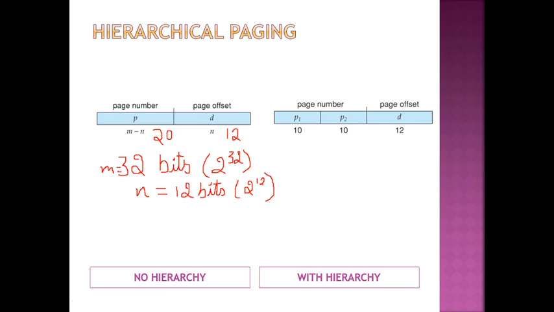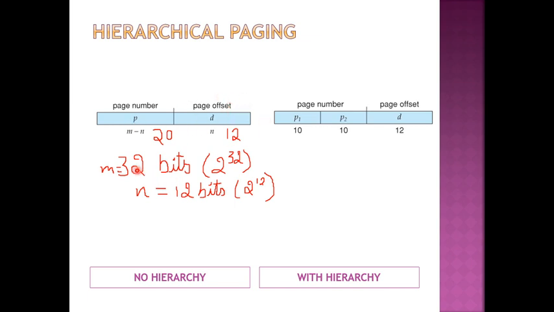The first concept we'll look at is hierarchical paging. Let us understand the difference in the logical address without hierarchical paging and with hierarchical paging. In the example without hierarchical paging, I have assumed that the logical address space is 2 raised to 32, which means 32 bits are required to represent one address. The page number and the page offset together require 32 bits.